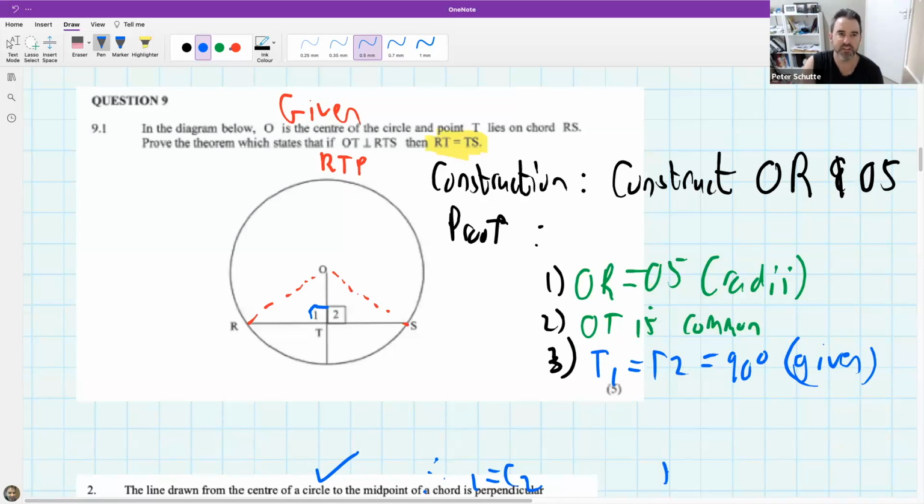Then the last thing we do now is we're just going to say that triangle, and I'm going to start with O. So triangle ORT is congruent to triangle OST. And what is my case of congruency going to be?